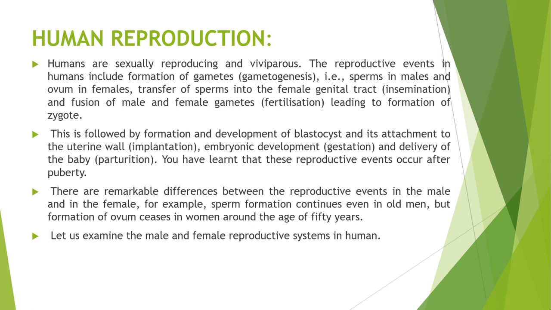Next is the phases of human reproduction. There are several phases. The first phase is gametogenesis. Gametogenesis, same as you studied in your second lesson on sexual reproduction in flowering plants, means the formation of gametes: the formation of the male gamete and the female gamete.